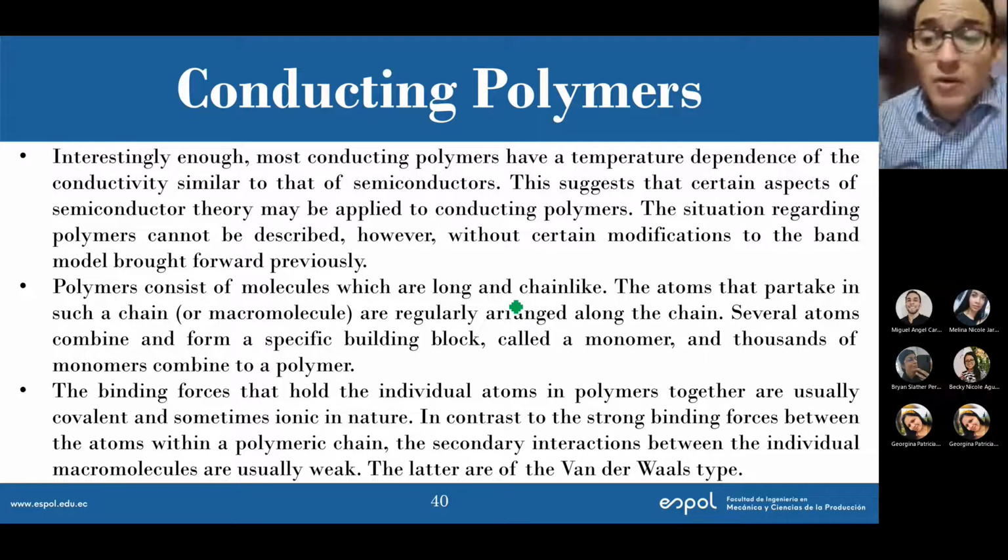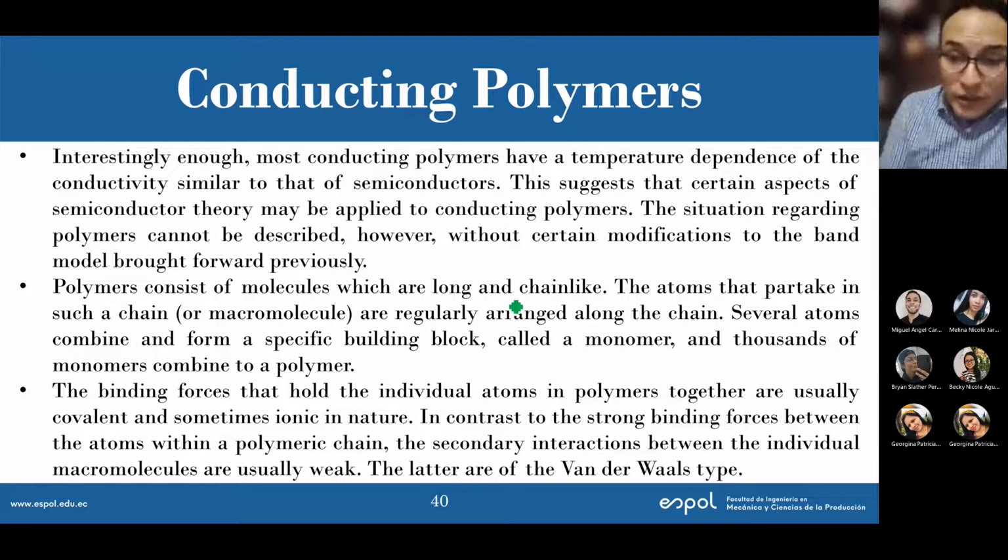And so if we're talking about that, we actually need to know the degree of order that the polymer has in order to consider band theory, because the more ordered the polymer is, obviously the more it will behave like a semiconductor, right?